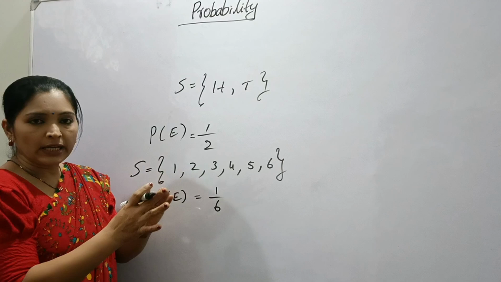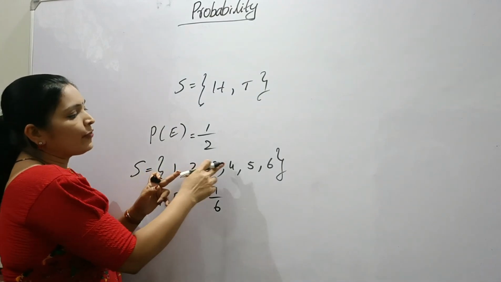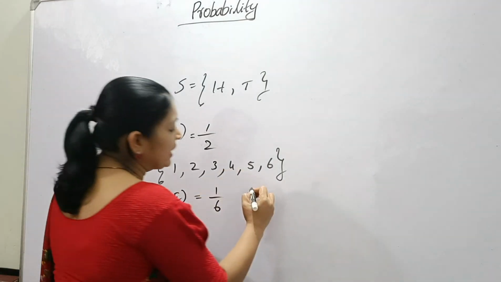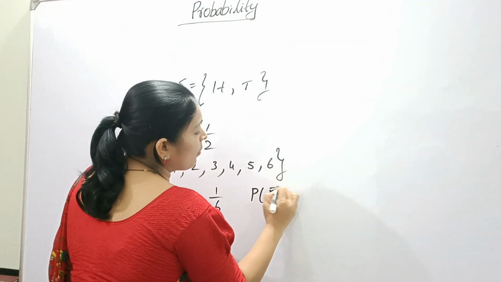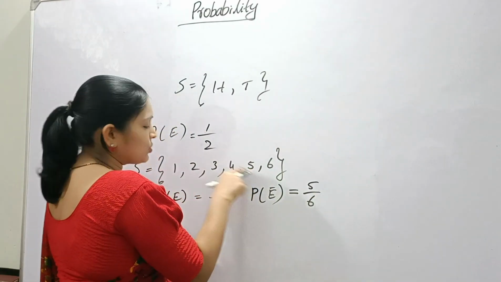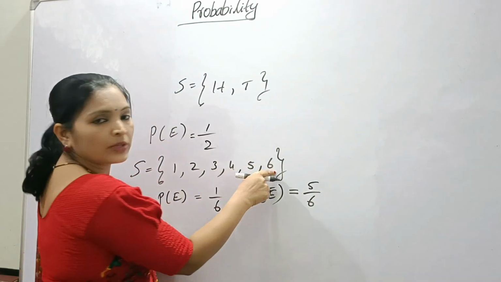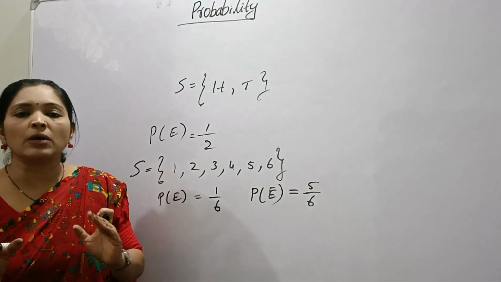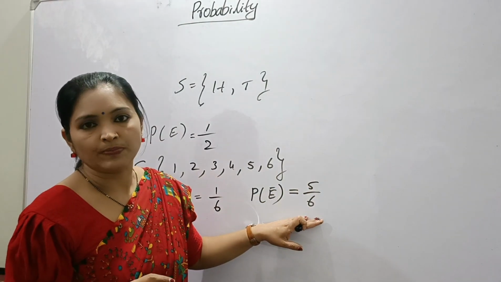Now what is the probability of not getting 5? Here, 1, 2, 3, 4, 6 can be possible, but not 5. So we write the probability of E complement is equal to 5 by 6, that is, all except 5. Here also it is the number of favorable outcomes divided by the number of total outcomes.